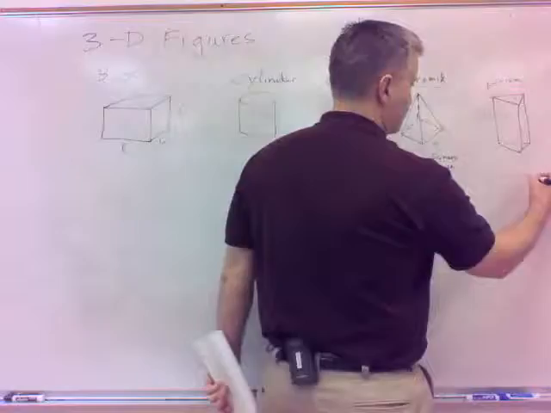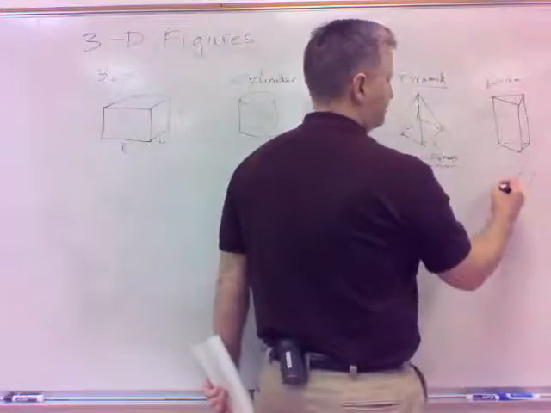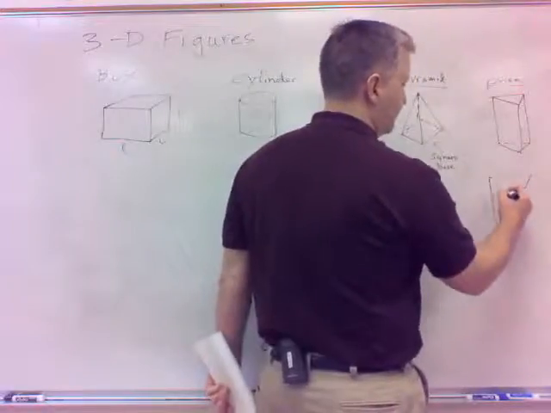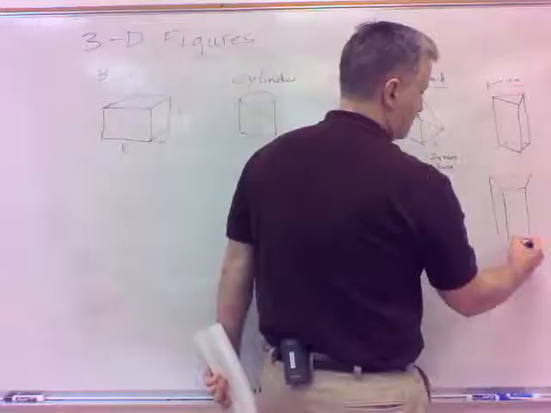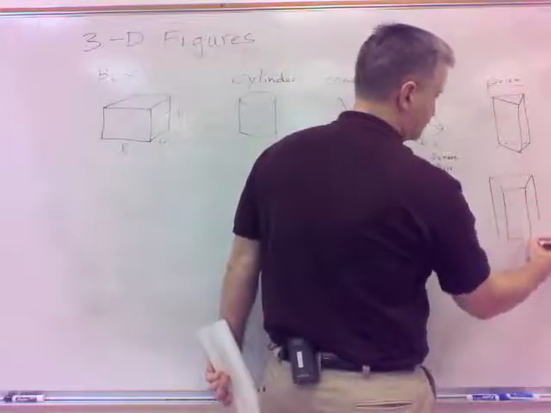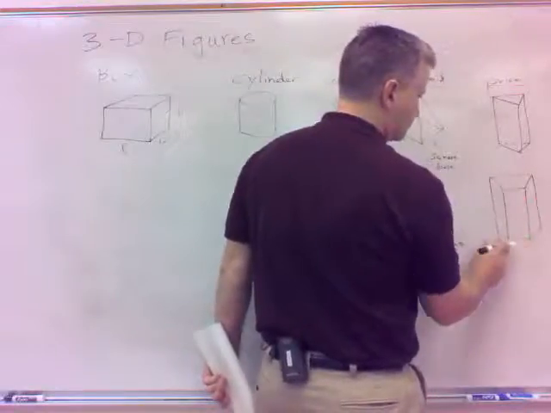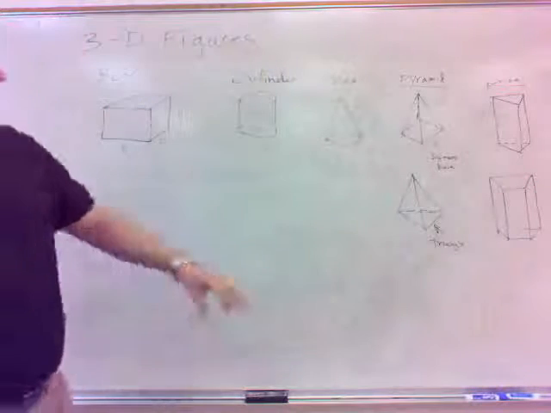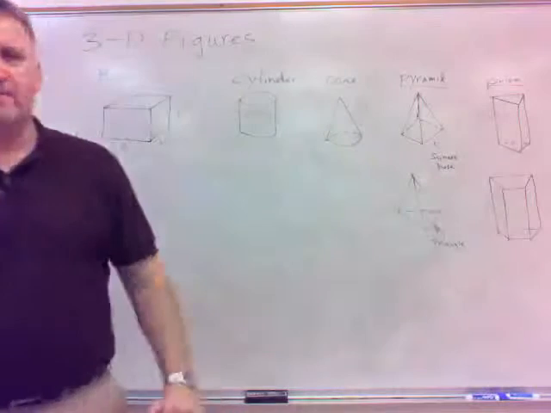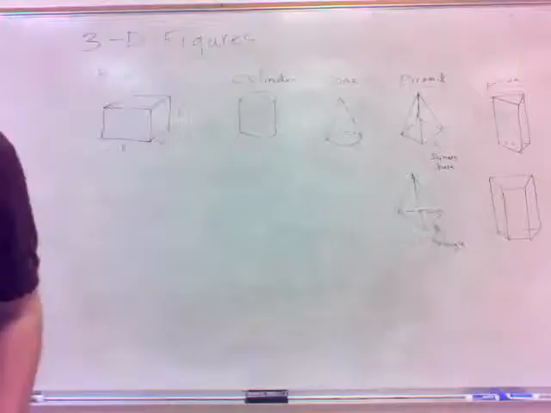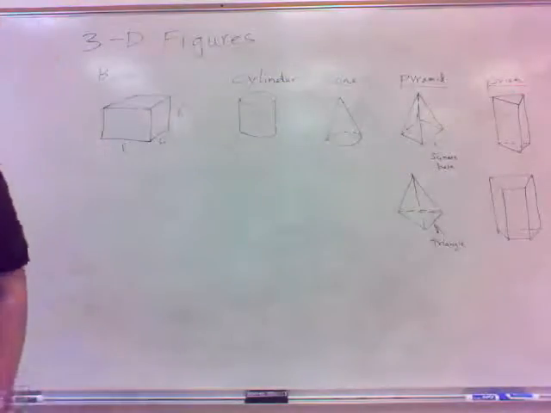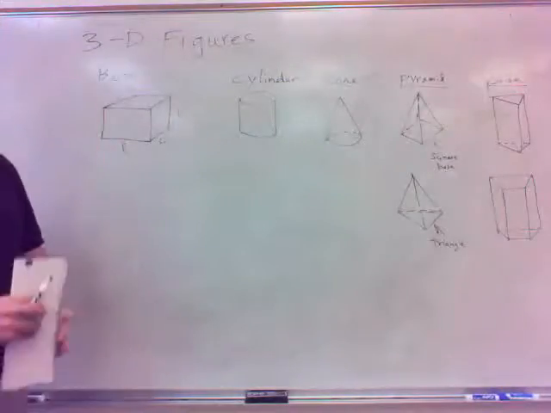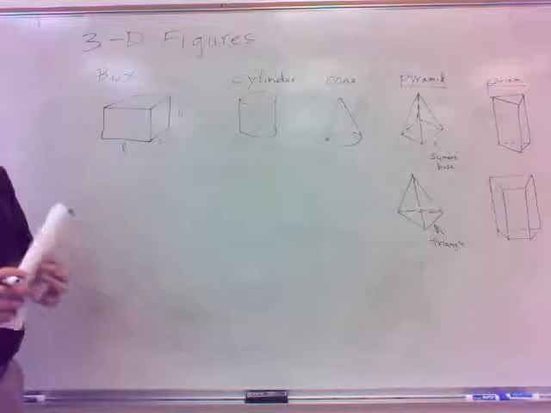A relatively easy one to draw is like this shape here, where you have to visualize a little bit, but I'm trying to draw a trapezoid for the top and the bottom. That is another possibility for a prism.